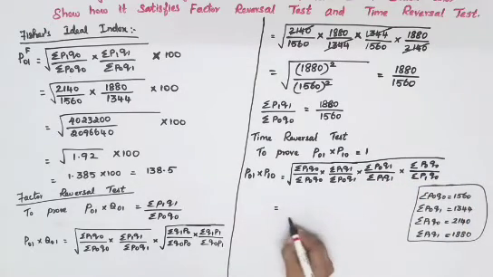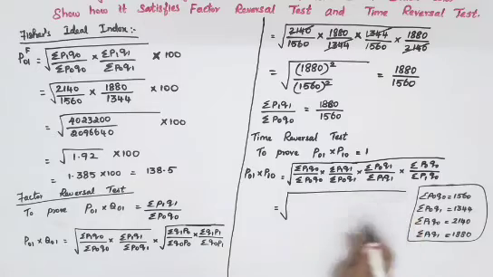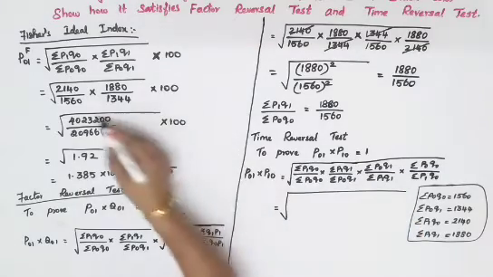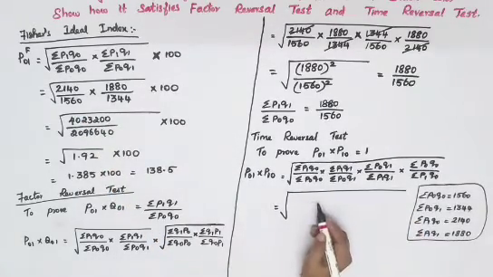Now we'll just substitute the values within the root. The first part, straight away you can go back to the Fisher's ideal index and copy it.